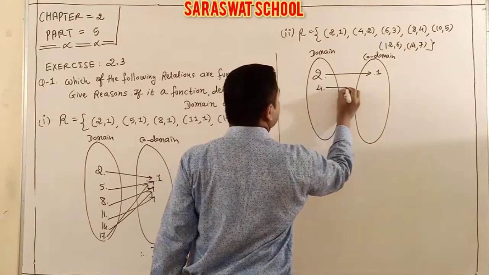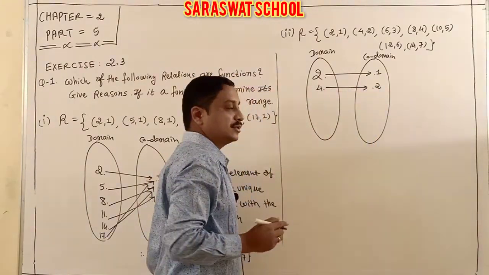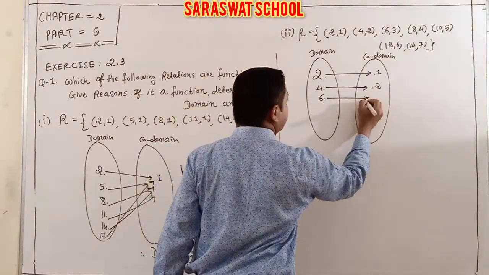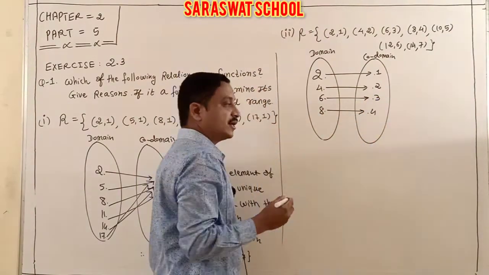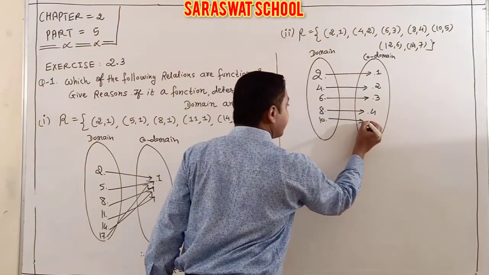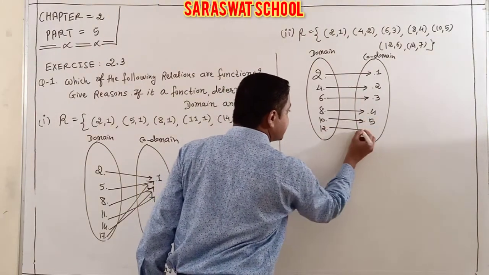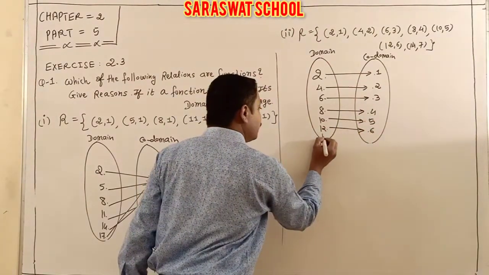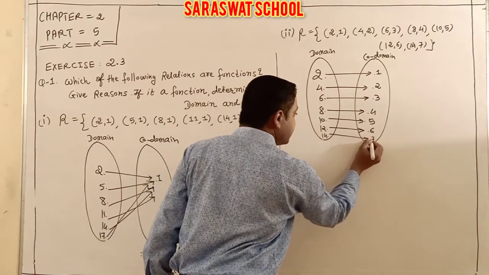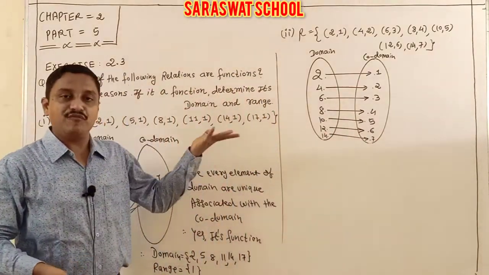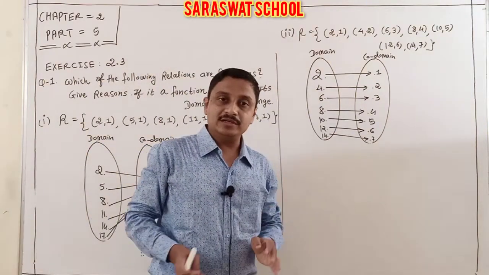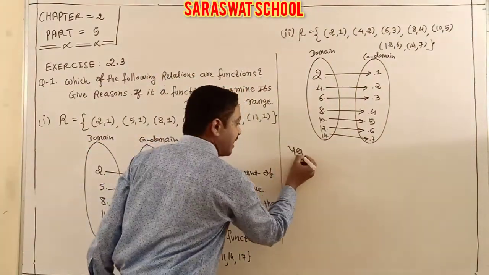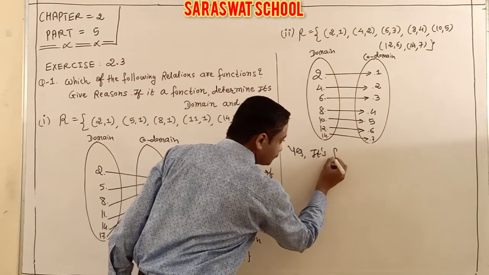Similarly 4 to 2, 6 to 3, 8 to 4, 10 to 5, 12 to 6, and lastly 14 to 7. Here also every element of the domain is uniquely associated with the codomain. So here also mention: yes, it is a function.